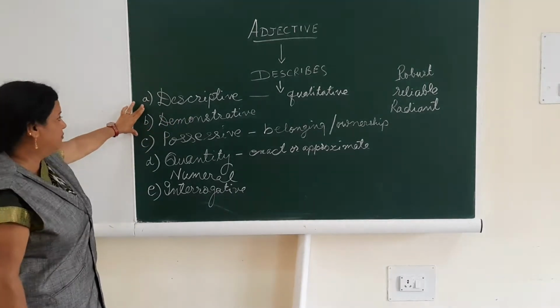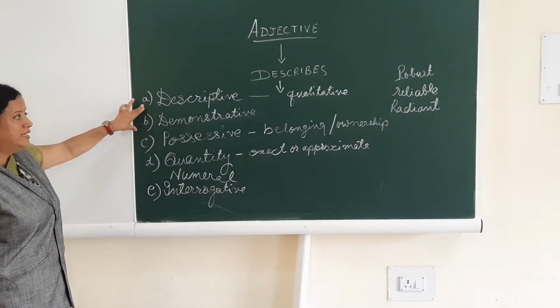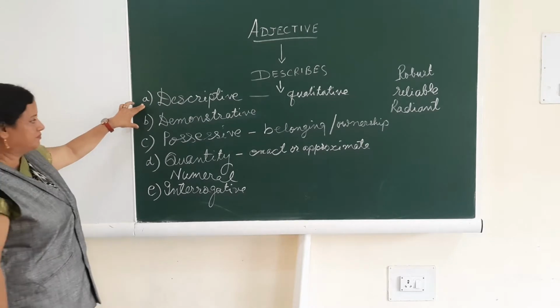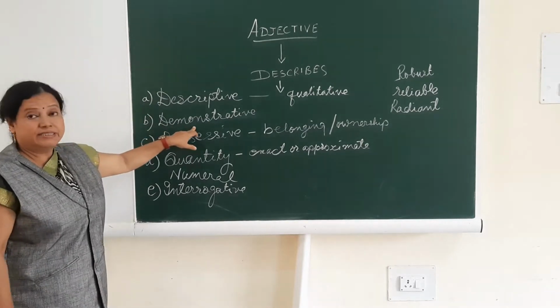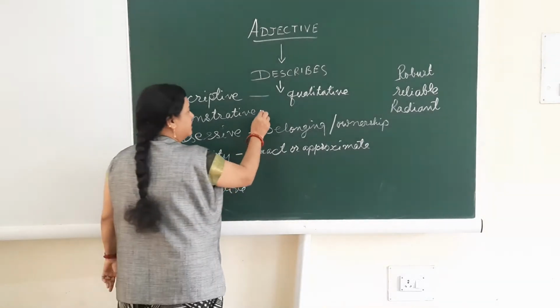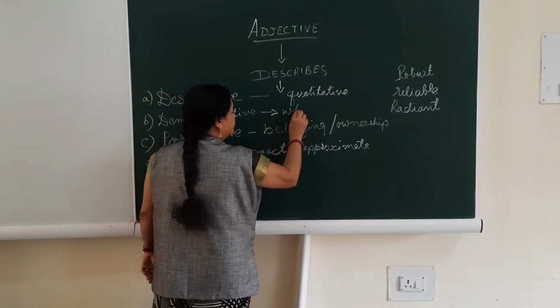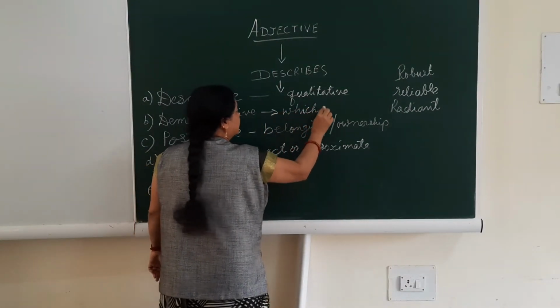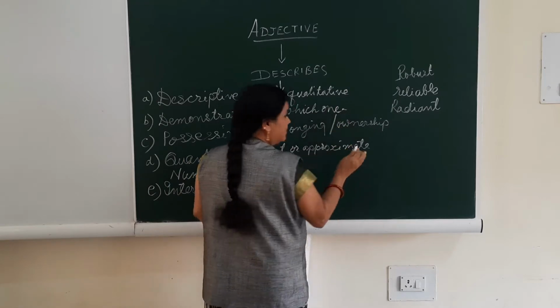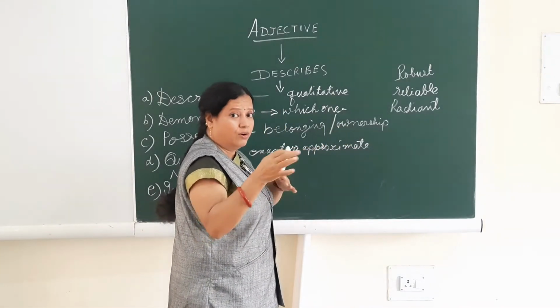Okay. Now let's come to the second one, demonstrative adjective. It is telling us which one. Demonstrative means which one, whether it is near or far.